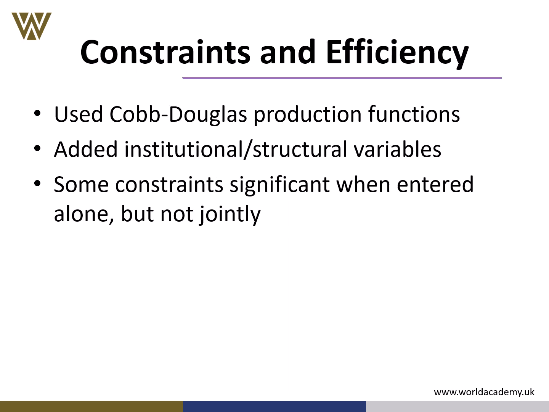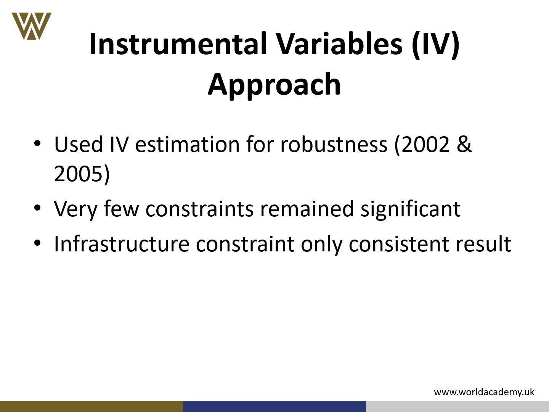Constraint and efficiency. Use Cobb-Douglas production functions to understand the metrics, the institutional and structural variables. When institutional and structural variables were added, some constraints were significant when entered alone, but jointly they don't have much of an impact altogether.